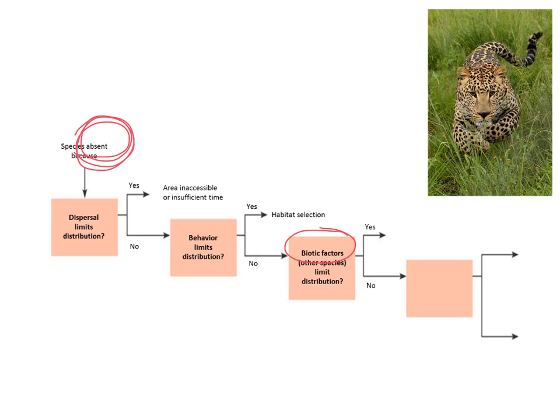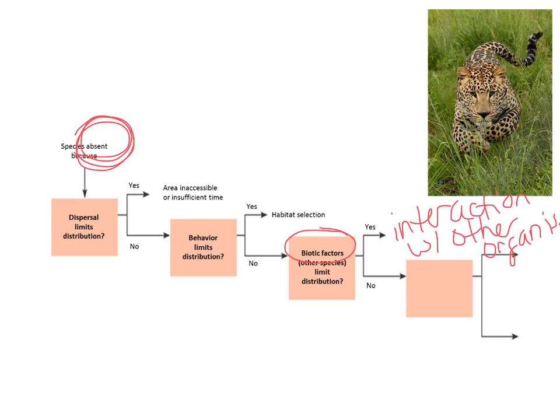These are interactions with other species. Maybe there's a predation issue, maybe a competition issue, parasites, disease. These would be biotic factors that could impact why an organism may not be in a particular place.